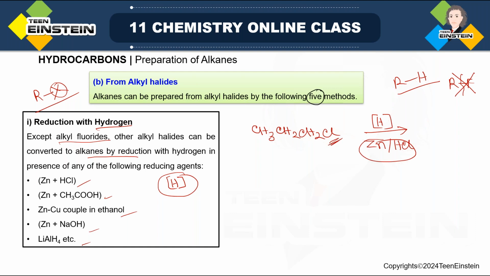And this chlorine is now replaced by H, and your product will have 1 more hydrogen, so basically it is now CH3CH2CH3, right? So: zinc HCl, zinc acetic acid, zinc copper couple in ethanol, zinc with sodium hydroxide, and lithium aluminum hydride. This is a very good source of hydride ion, a very strong reducing agent. So any of these reagents will do the work.